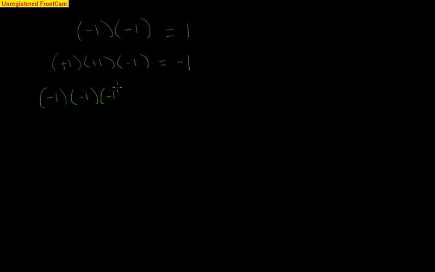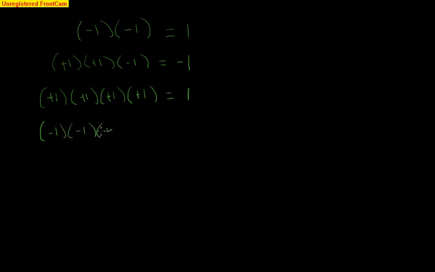So if we had negative 1 times itself 4 times, if every pair cancels out, here's a pair that cancel out to be positive, here's another pair that cancel out to be positive, and so there are no negative 1s left over. They all have a pair, so they all cancel out. Negative 1 times itself 4 times is positive 1.